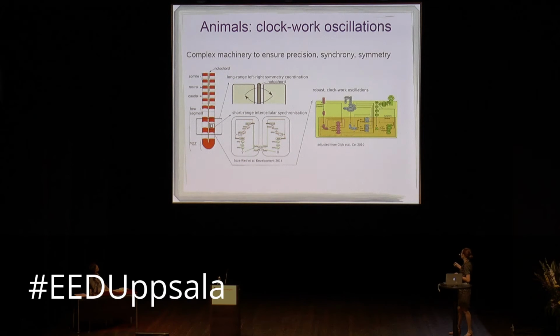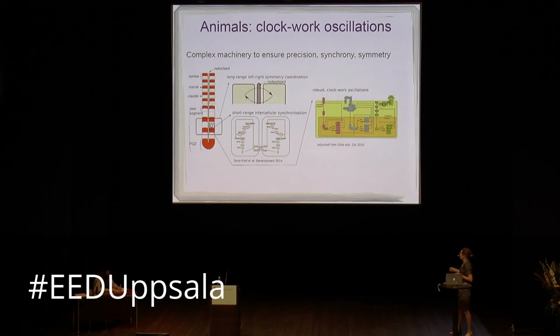So if we look at the oscillatory machinery within a single cell, we see that oscillations occur in different pathways, and we can imagine that this gives us an amount of redundancy that ensures that these oscillations don't easily break down and don't easily change their periodicity.